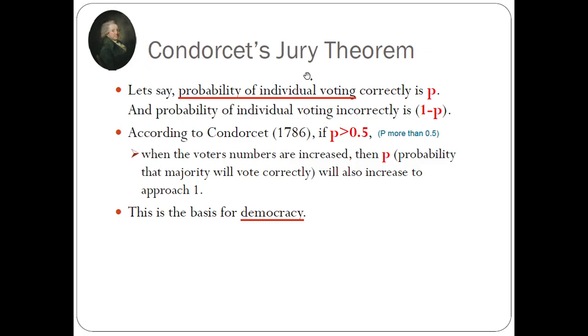Okay, Condorcet jury's theorem. Okay, let's say probability of individual voting correctly is P. Dia punya means, okay, P, okay, the probability of individual voting.